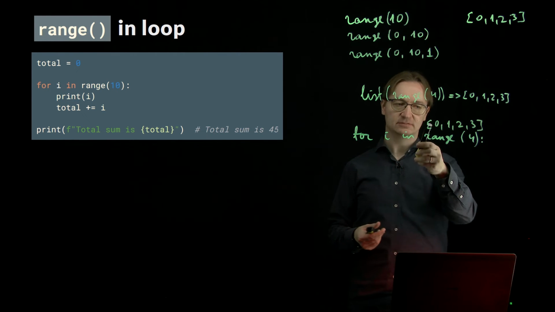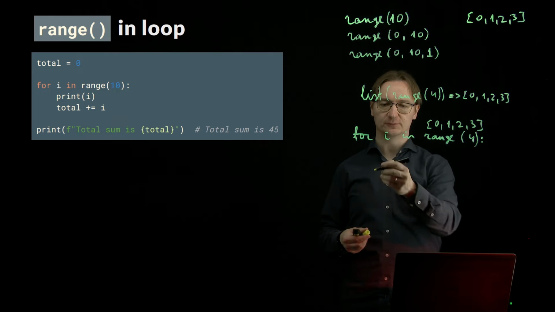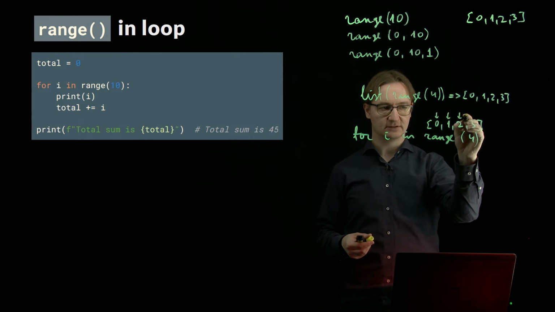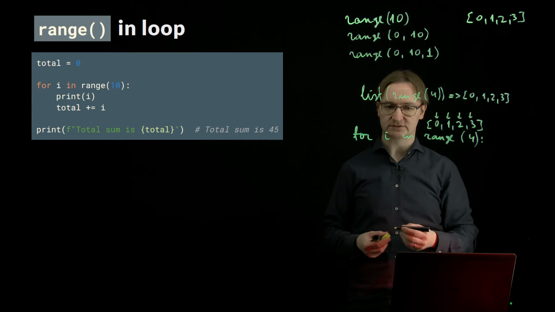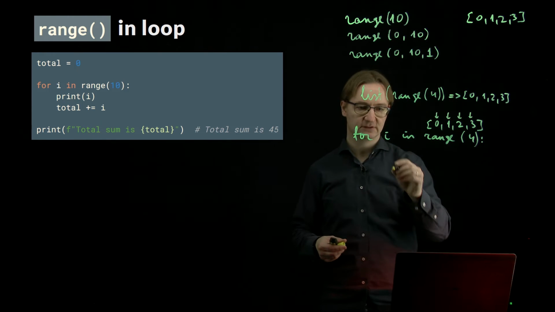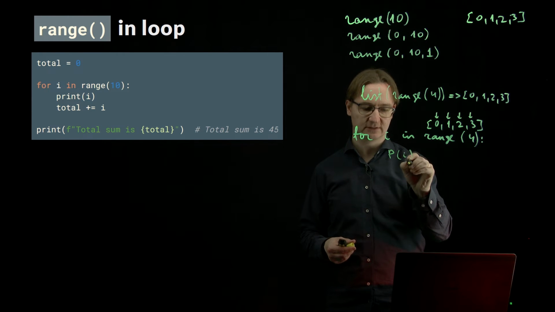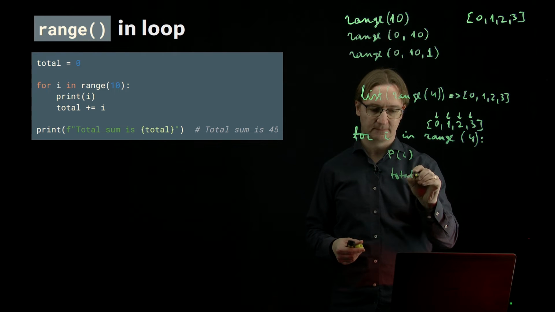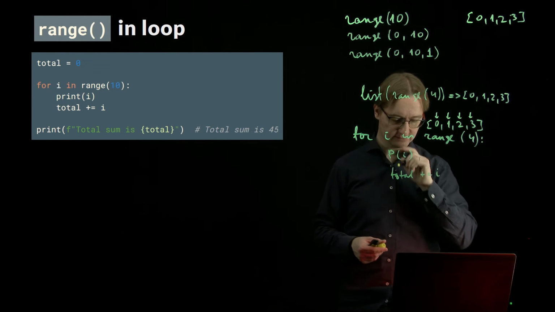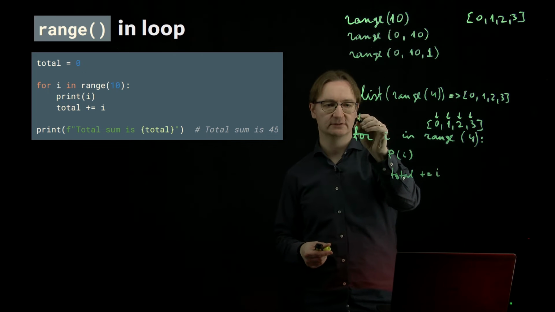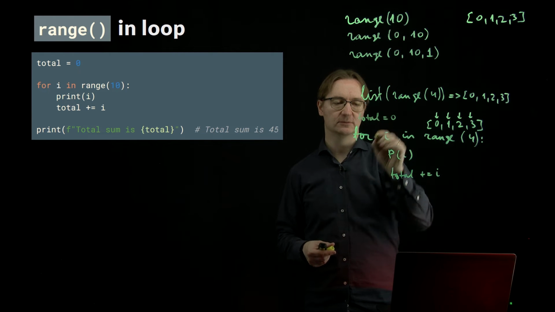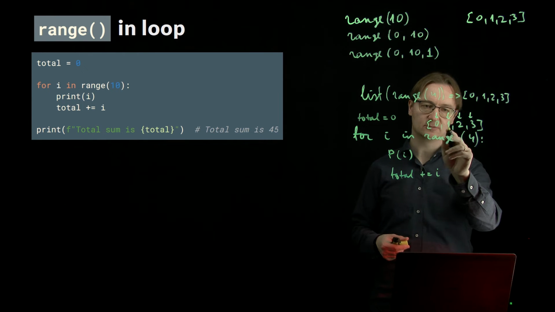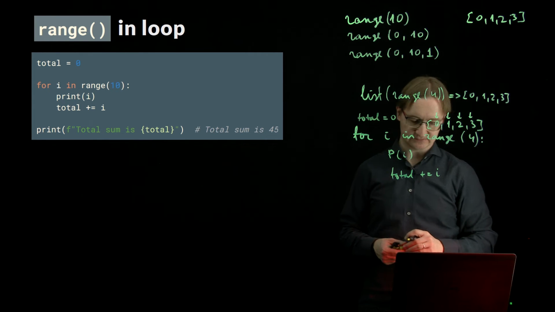And if we have the list of numbers, then what the for loop does is it takes elements one by one and then executes the body of the loop. Currently it prints out the i and adds this i value to total, and the total is 0 when we start. What happens is that it adds 0, 1, 2, and 3. We should end up with 6.